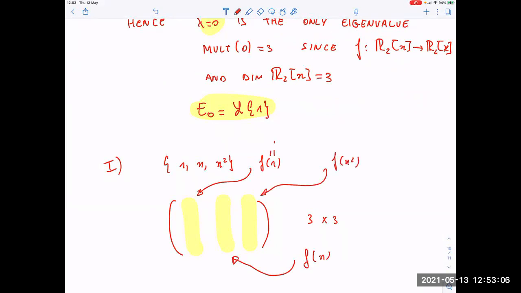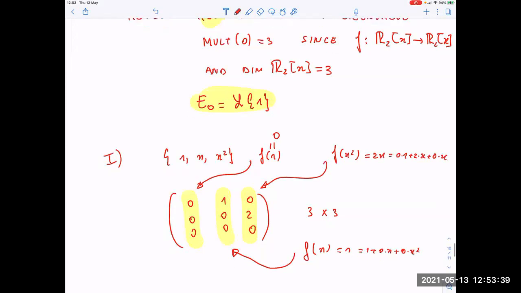So f of 1 is 0, so you put 0, 0, 0 here. F of x is just 1, which is 1 plus 0x plus 0x squared. So we get 1, 0, 0. And f of x squared is 2x, which is 0 times 1 plus 2 times x plus 0 times x squared. So it is 0, 2, 0.